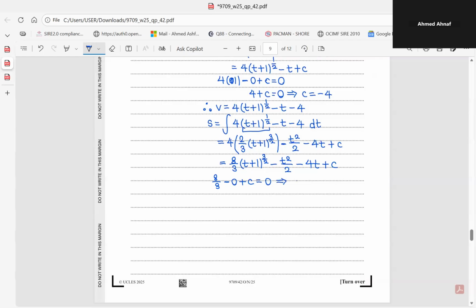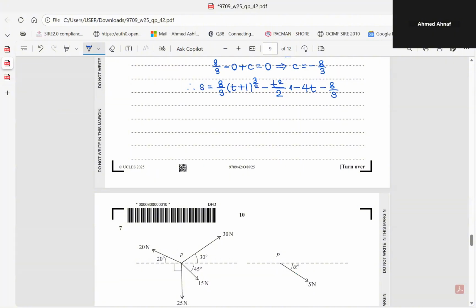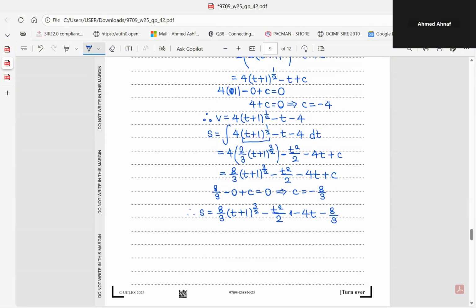And then you would get c equals negative 8 over 3. Then you would get s equals 8 over 3 times (t plus 1) to the power of 3 over 2, minus t squared over 2, minus 4t, minus 8 over 3. So this is our expression for s.